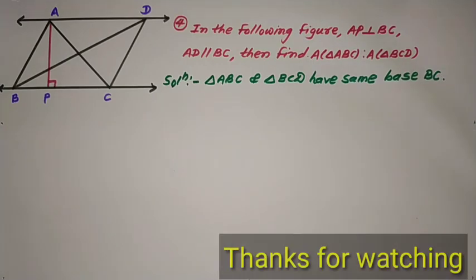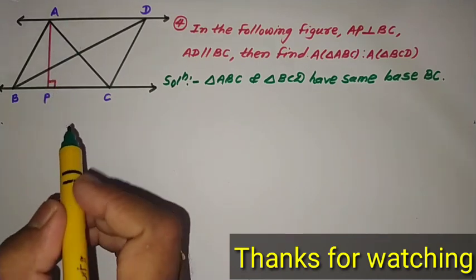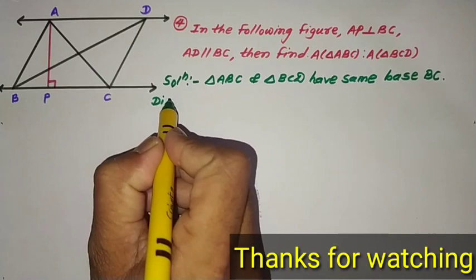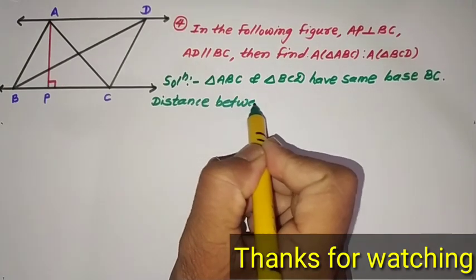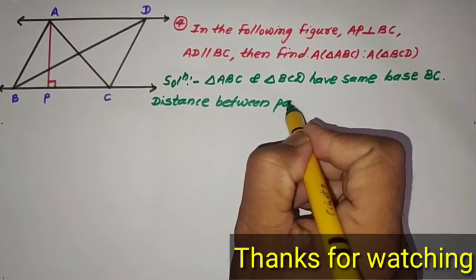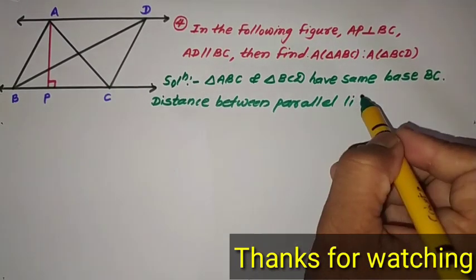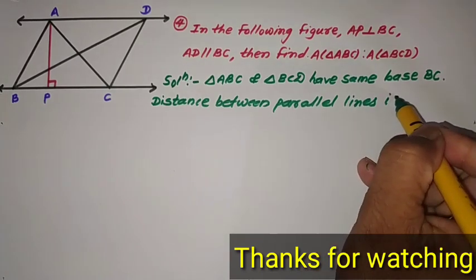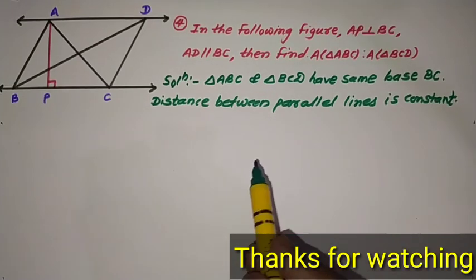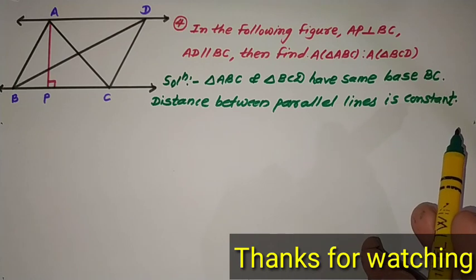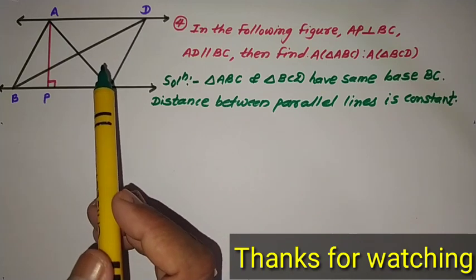The distance between parallel lines is constant. Since the distance between parallel lines is constant, the heights of triangle ABC and triangle BCD are equal.